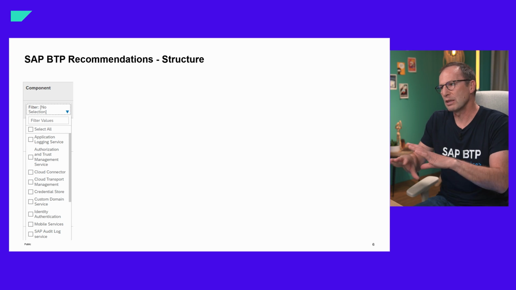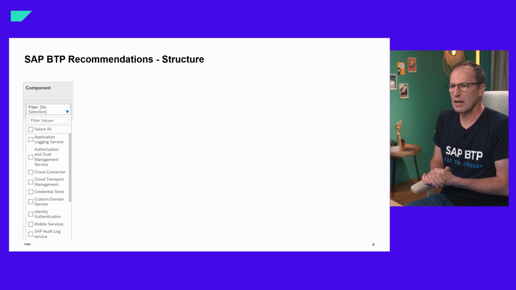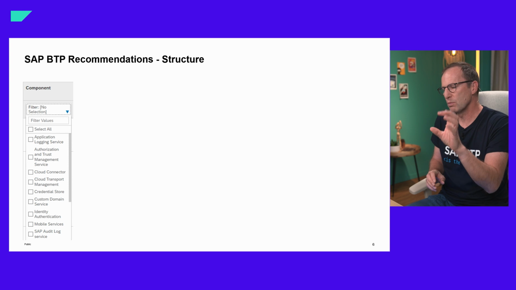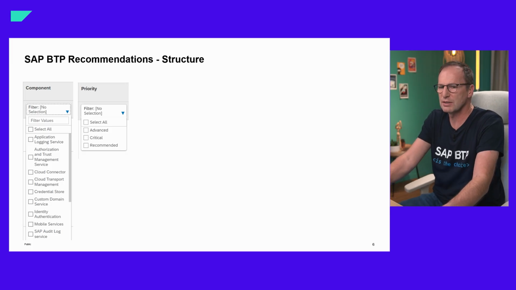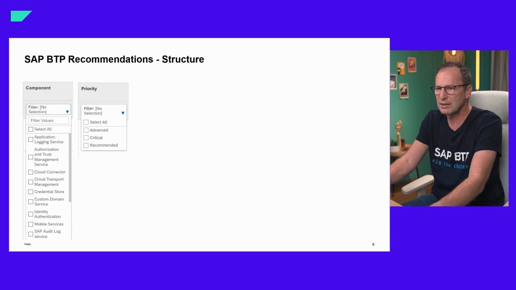So how are the recommendations structured? Each component or each service has its own recommendations. You can read about them on the Help Portal, and you can sort them by priority. We have different priorities. We have critical security recommendations. These are the most important, dealing with high risks or threats to system reliability.